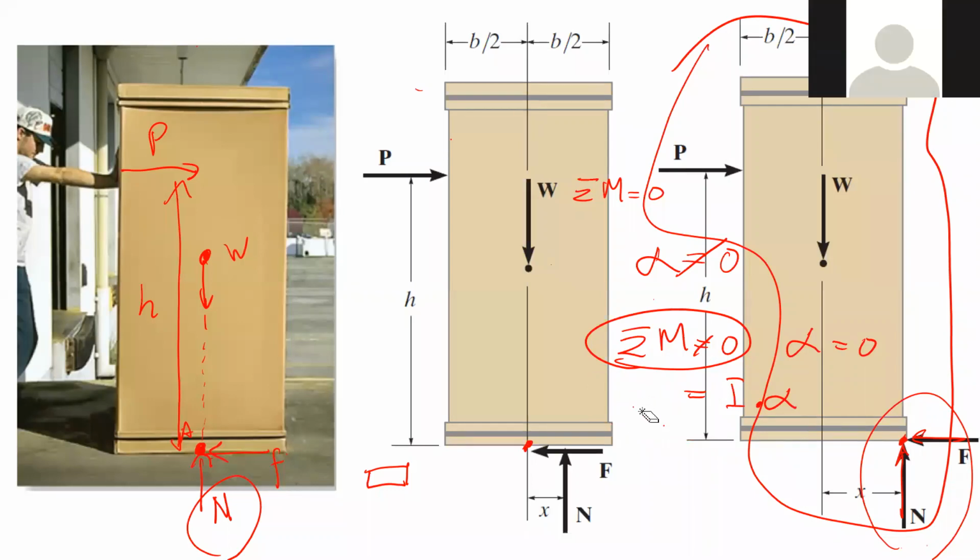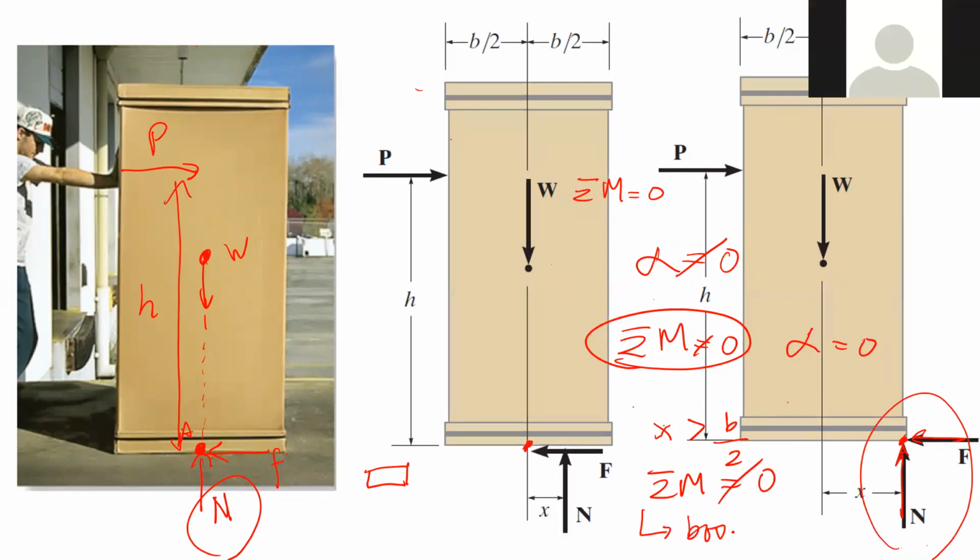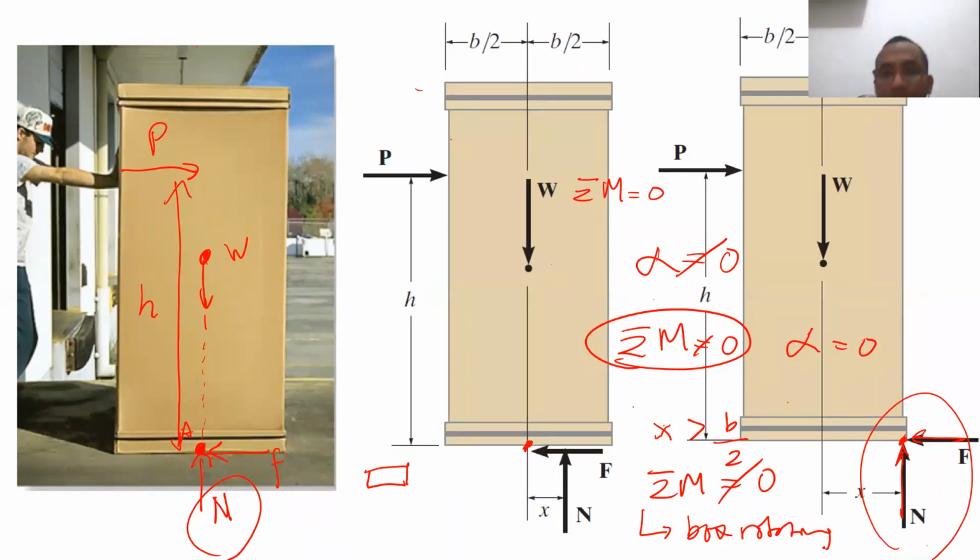So if it's really happening there, what you're supposed to do is just state that in this particular condition, because X is bigger than B/2, it's not possible, sigma moment equal to 0 will not be happening, which means that the box is rotating. Just state it like that. Do you understand? Good.